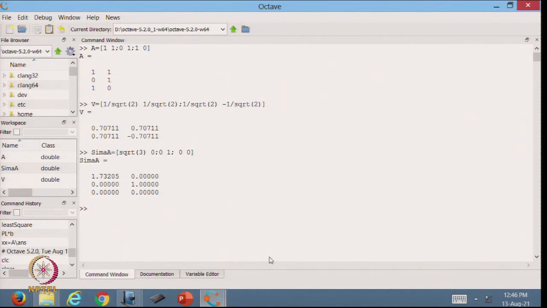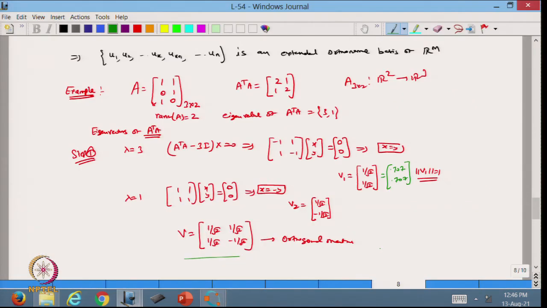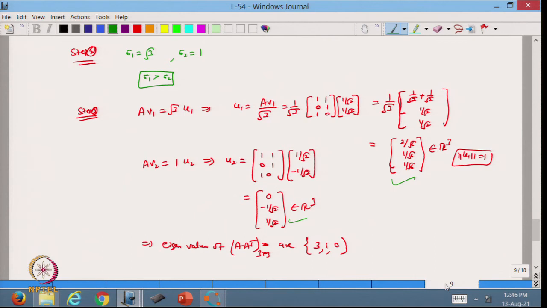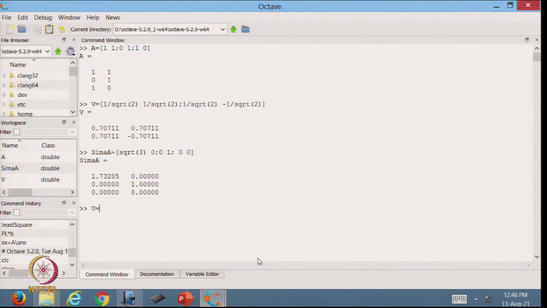This is my sigma, and U we have taken. So, my U was, now we should write U, this one, 2 by root 6, 1 by root 6. Let us see what is going to happen here.